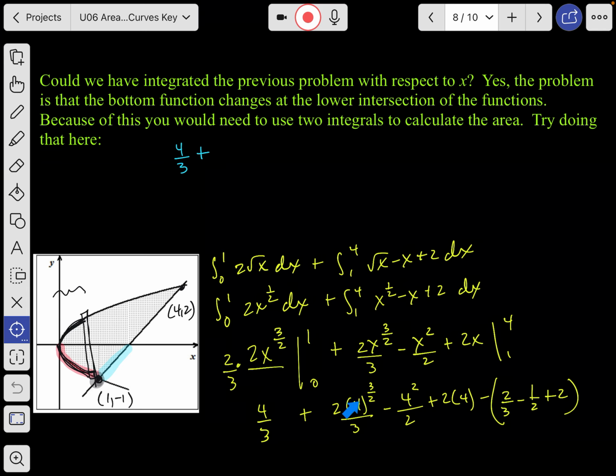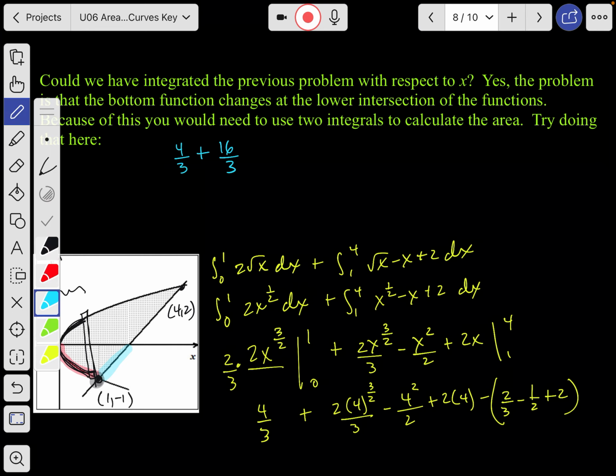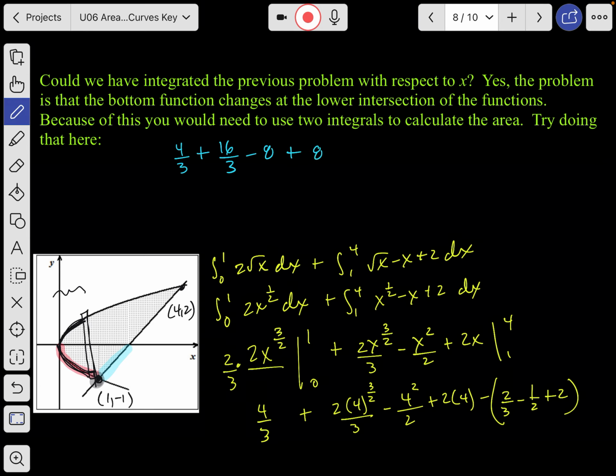All right, if I take the square root of 4, that's 2, and if I cube it, that's 8. 8 times 2 is 16, so that's going to give me 16/3. All right, so now let's take this next term. 4 squared over 2, that's 16 over 2, that's going to give me a minus 8. Okay, and then we have plus 8.